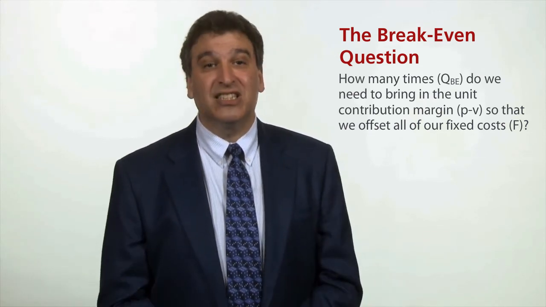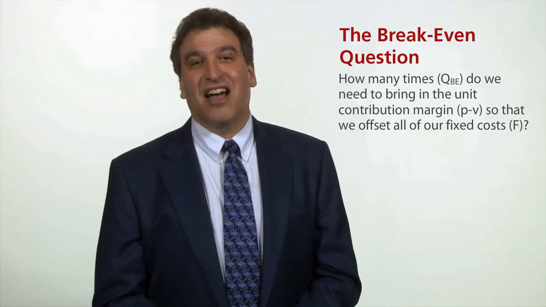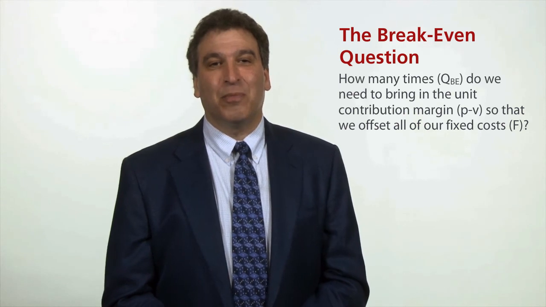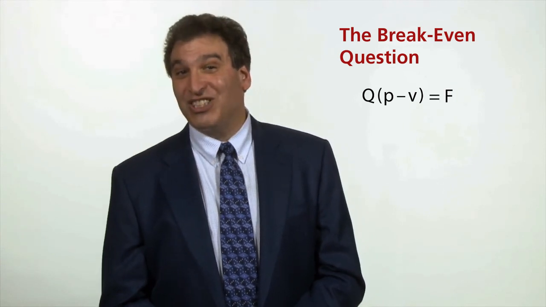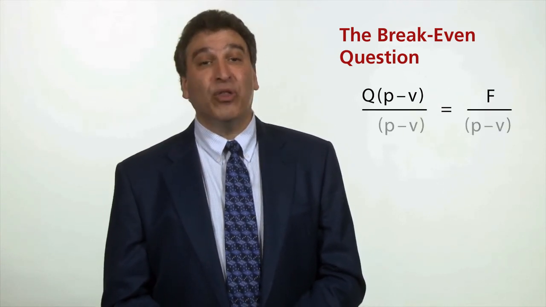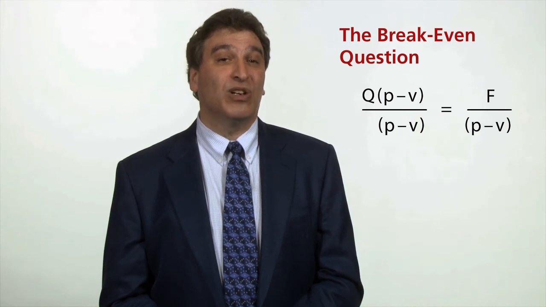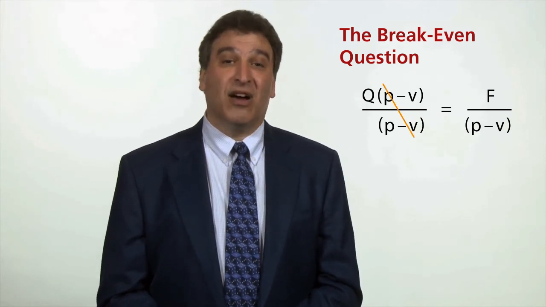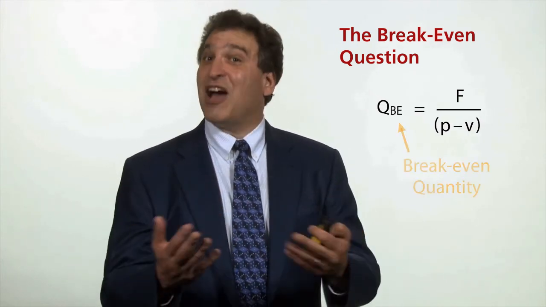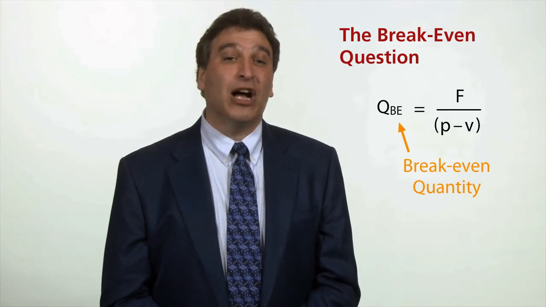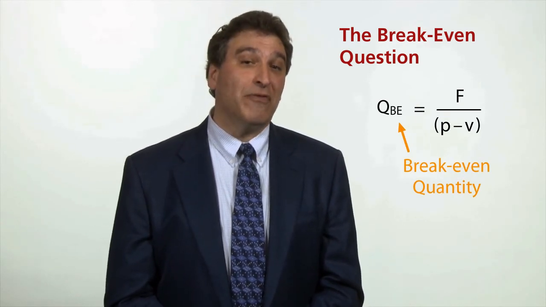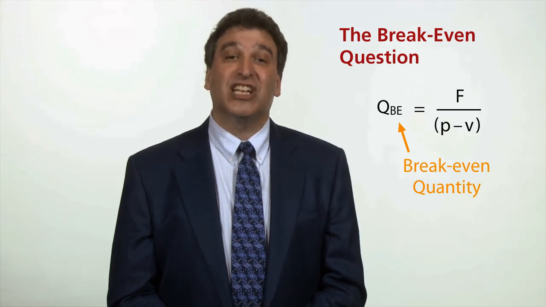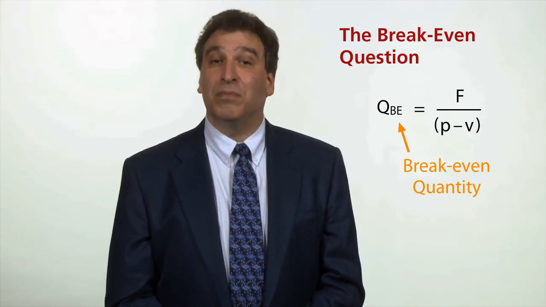The answer is, algebraically, we can just put the total contribution margin on one side of the equation, the fixed cost on the other, divide both by the unit contribution margin, and you can see, well, here's how many times we need that unit contribution margin in order to pay off our fixed costs. It's just F over P minus V.